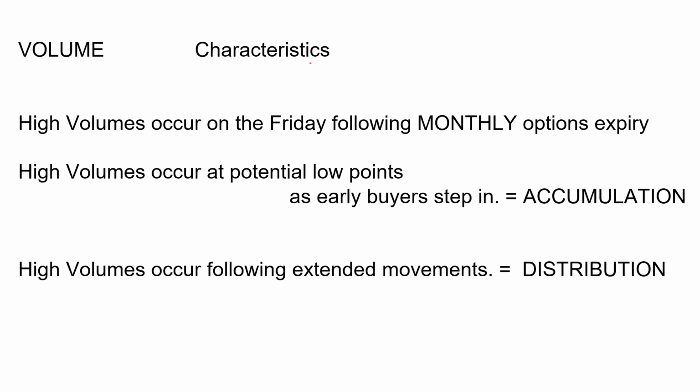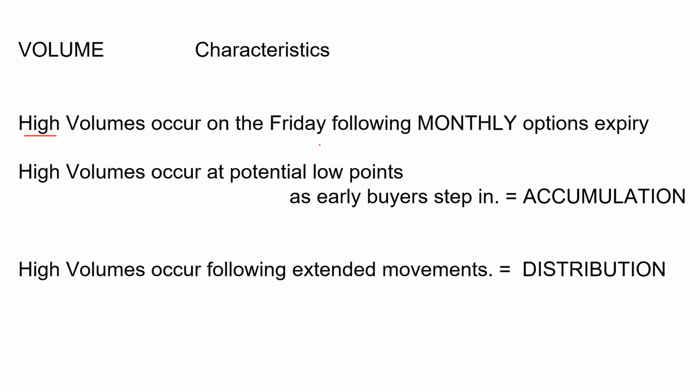So volume, the characteristics of volumes occur, high volumes occur on a Friday following the monthly options expiry. So if you get yourself an options calendar, an ETO expiry calendar, which equity ETOs expire on a Thursday, the exercises of stock options is washed through the market on Friday.